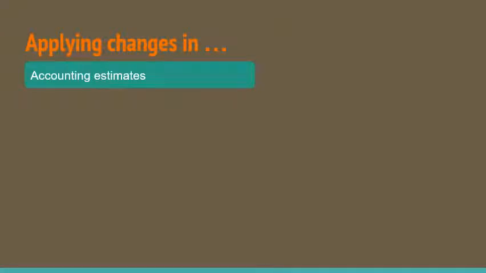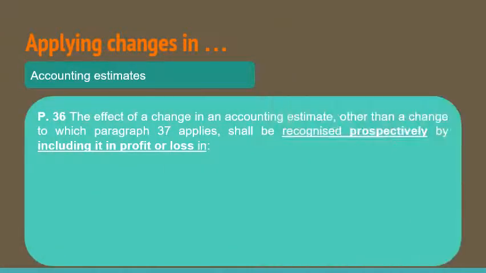For accounting estimates, the effects of change shall be recognized prospectively, and the way we show the effects is by including it in profit or loss or the income statement. But which period should the effect be shown?